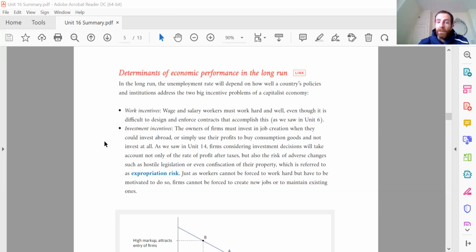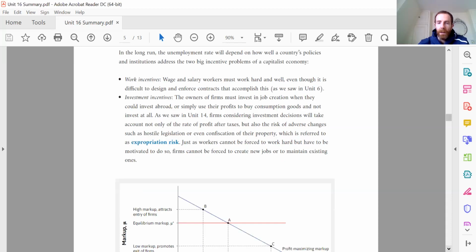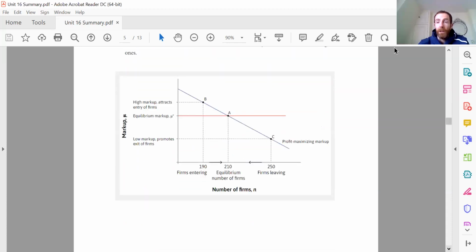So there need to be incentives for firms to provide that investment, in order to produce more capital goods, accumulate those capital goods. And what we'll see is this is going to be a key part of this new long run labor market model. So the first element of this model is the link between the number of firms and what we refer to as the markup.